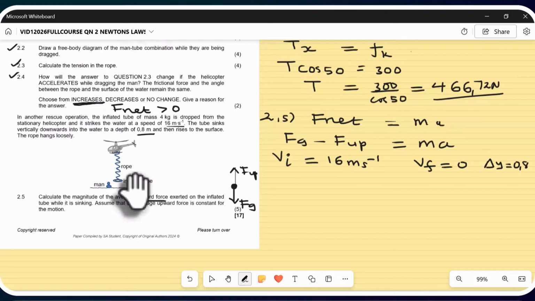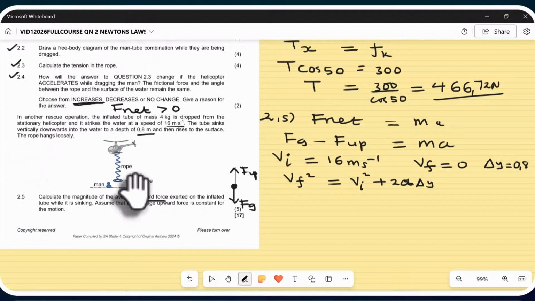So here V final is 0, so 0 squared, and the V initial is 16 when striking the water surface, so 16 squared, then plus 2 times a times 0.8.